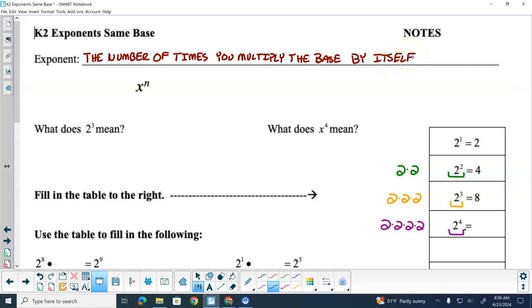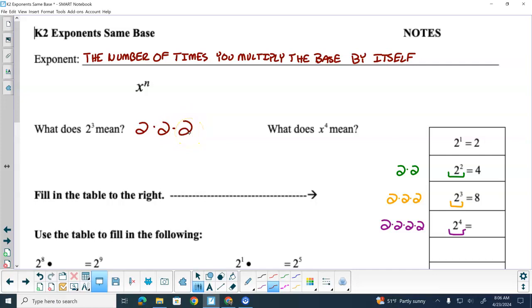So in this first one, in 2 squared, the exponent was 2, so that's why we went 2 2s. In the next one, the exponent was 3, that's why we went 3 2s. Next one it was 4, so we went 4 2s. Okay? And so on and so forth. So 2 cubed means 2 times 2 times 2.